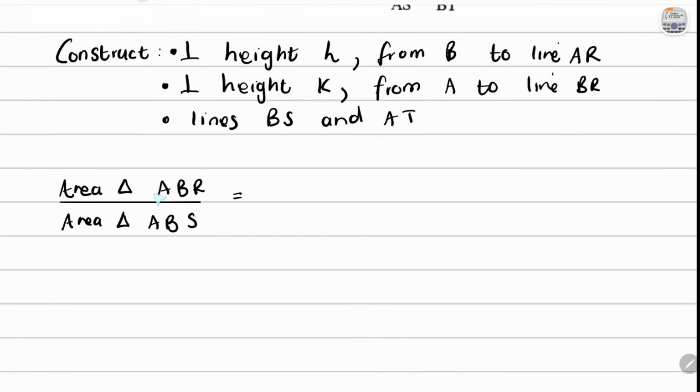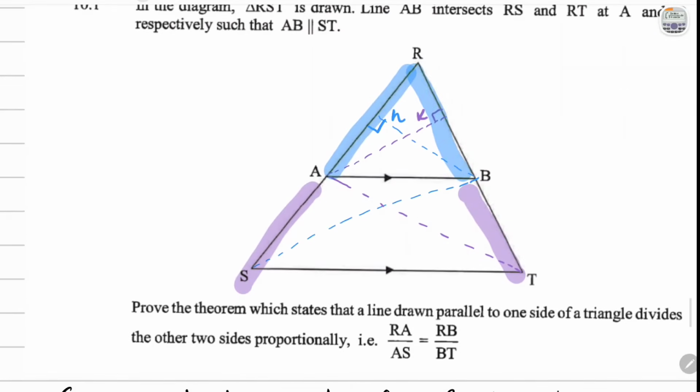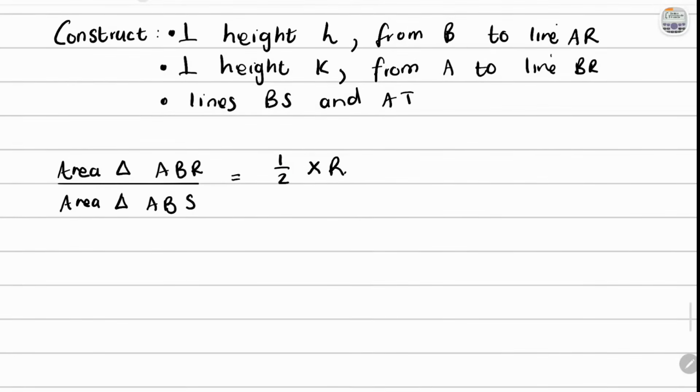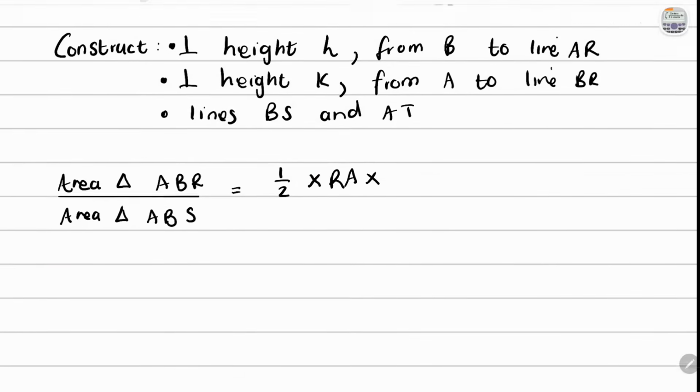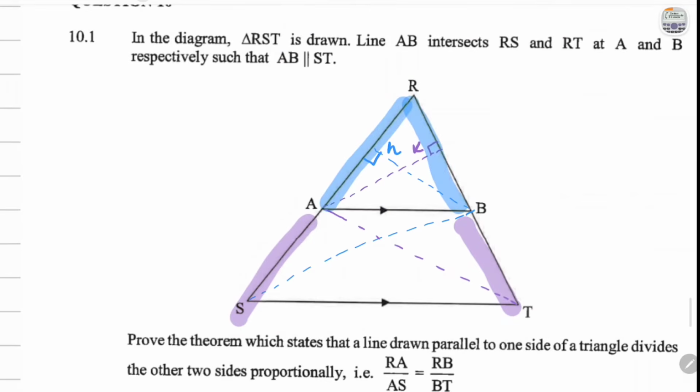How do we find the area of triangle ABR? By saying a half multiplied by the base. So what is the base of ABR, that top triangle? We're using this as the base, right? RA. So a half times RA multiplied by the height, the perpendicular height. What is the perpendicular height of that triangle on top?